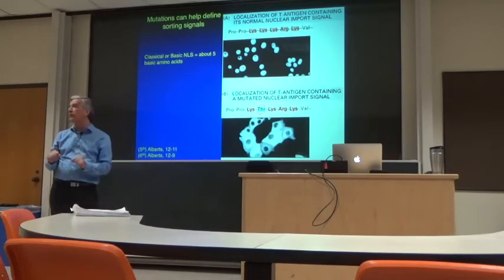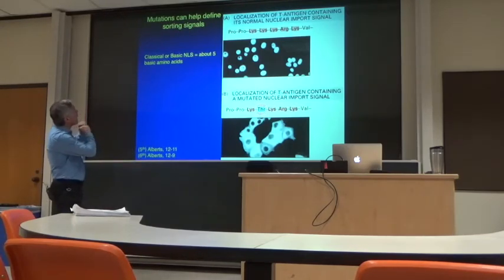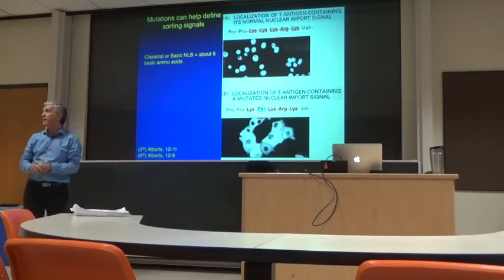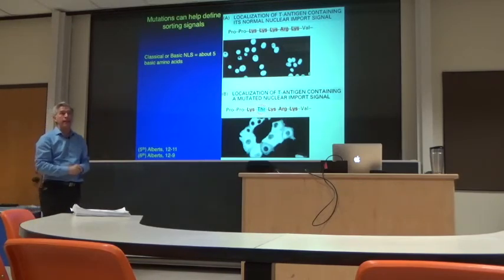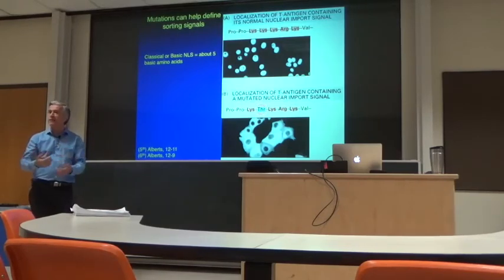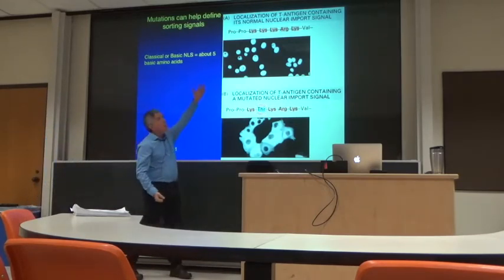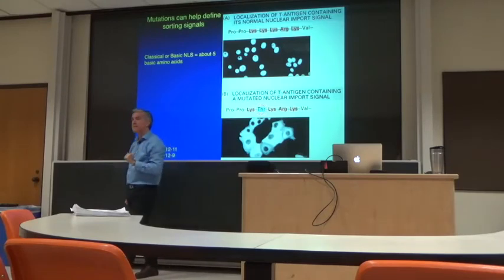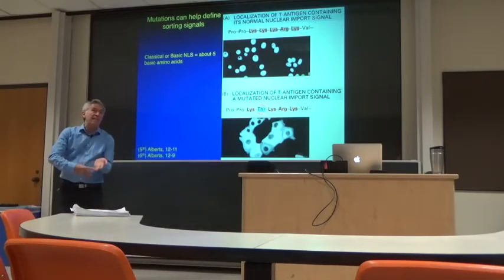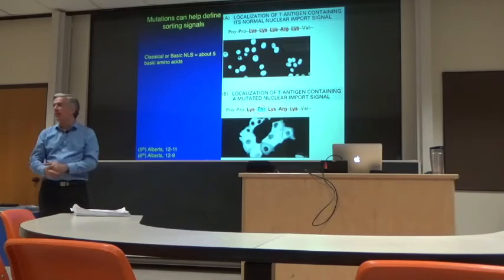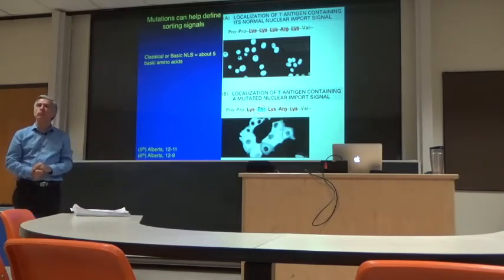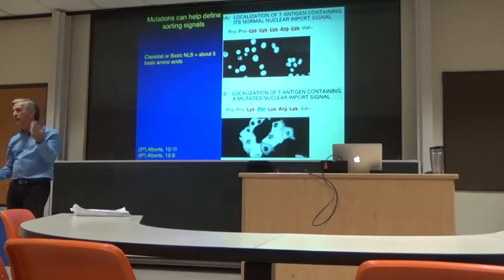The only one we're going to consider is called the classic nuclear localization signal, or basic NLS, which is called basic not because it's fundamental, but because it is basic amino acids, or positively charged amino acids. So it consists of 5 positively charged amino acids. They can be lysines or arginines most of the time, and you could have all lysines or all arginines or any combination thereof.